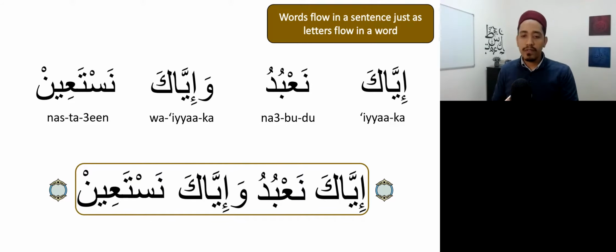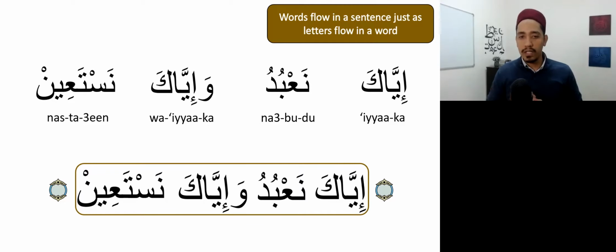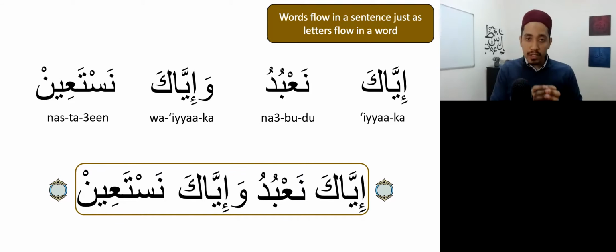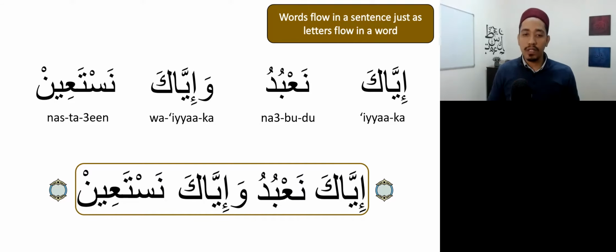So now we would have iyyaka na'budu wa iyyaka nasta'in as one long word. But the secret is to break it up into smaller units. The smaller units of a word are the letters. The smaller units of a sentence are the words. So the words should join as the letters join in a word.